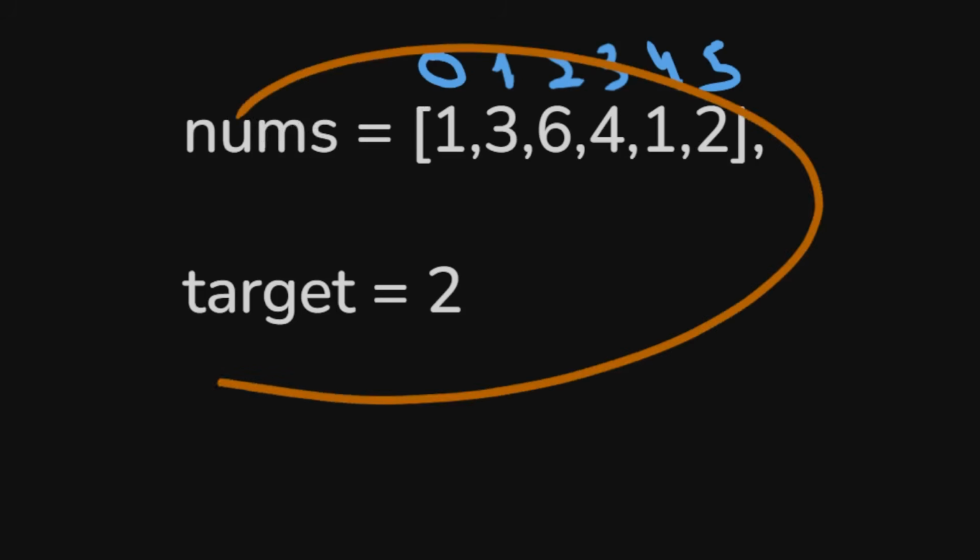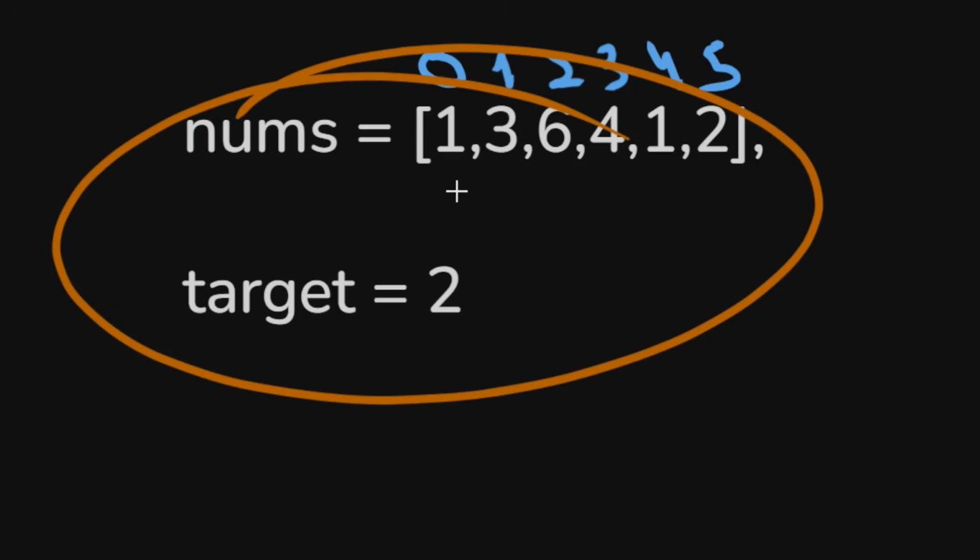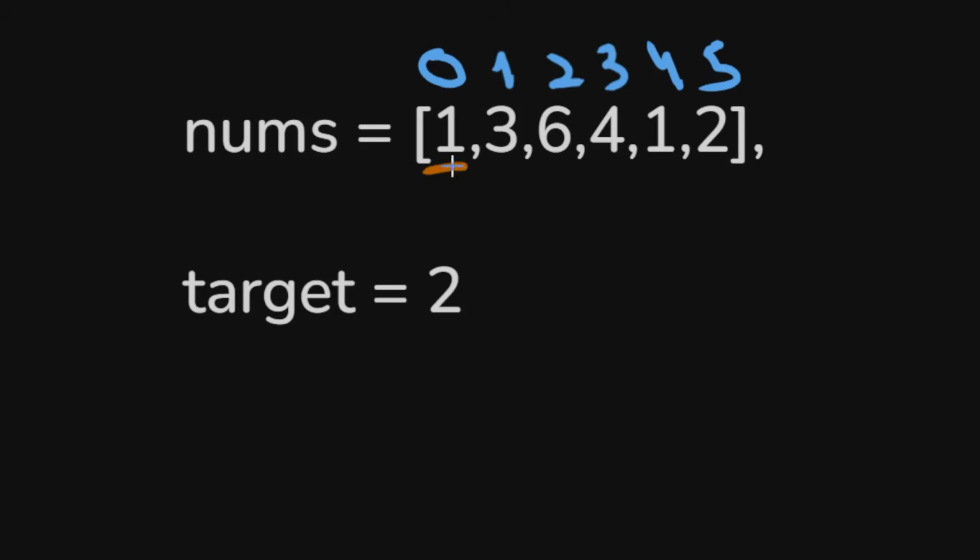The key observation to solve this is that at each step we might have different choices. We have to start from the source, from index 0. And from here we can go to either index 1, index 4, or index 5. In every case, the difference is in between target and minus target. If we decide to go to index 1, now we are here and we have a few choices again.